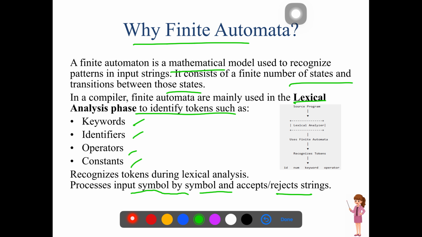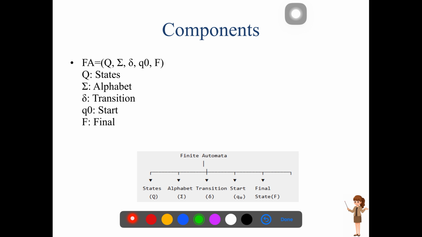So for example, when the compiler reads a variable name like student1, the finite automata check whether it follows the identifier pattern. I hope you guys understood. Let's move on to the next slide.